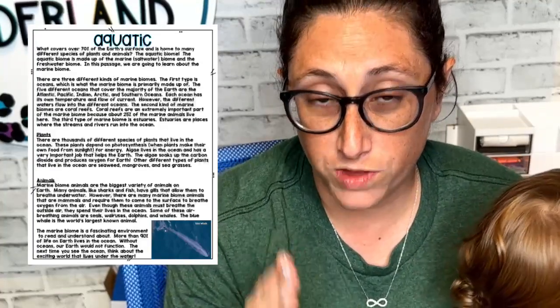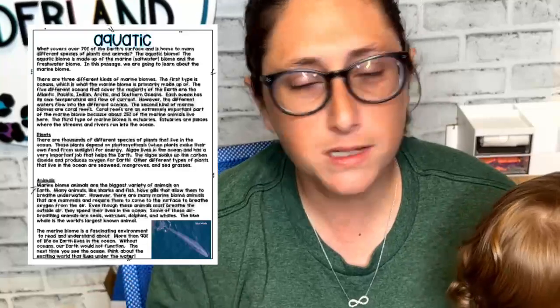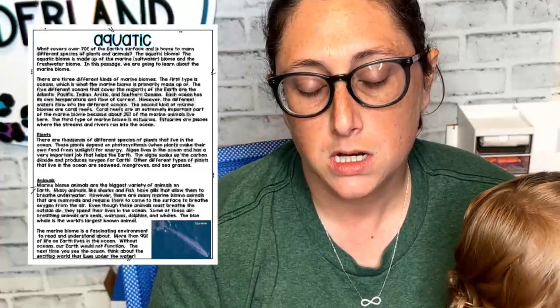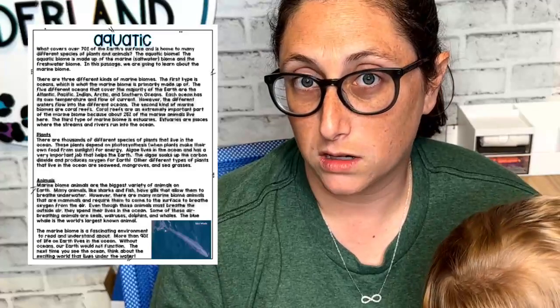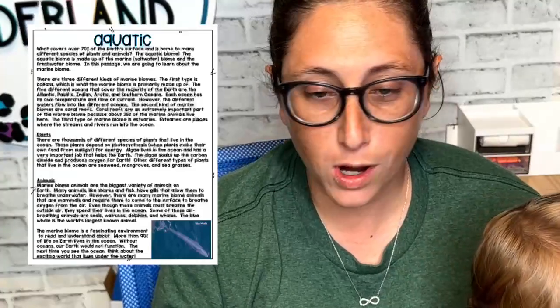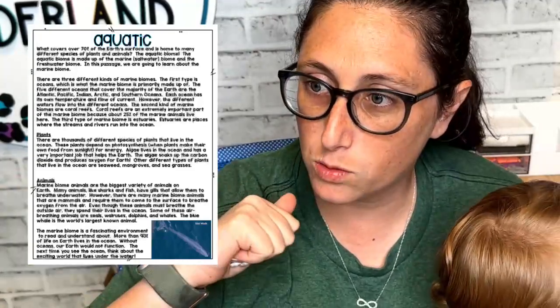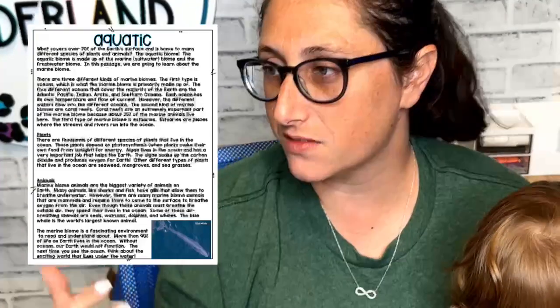They all will get this passage. Sometimes, because the kids have to read and do passages for homework, I'll just give this for homework and say, let's do one. Tonight's aquatic, tomorrow will be taiga, the day after that will be the tundra, then the savannah, right?